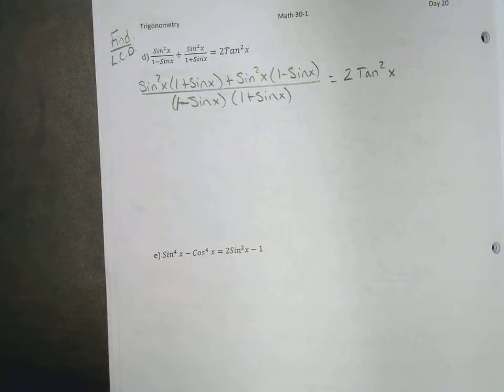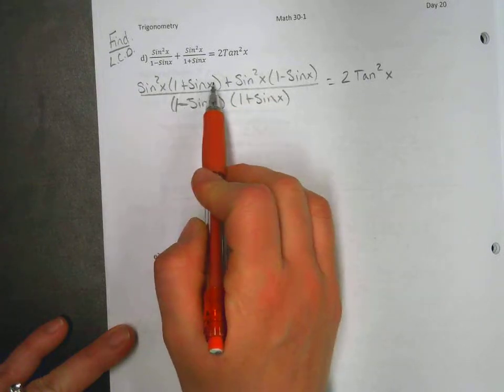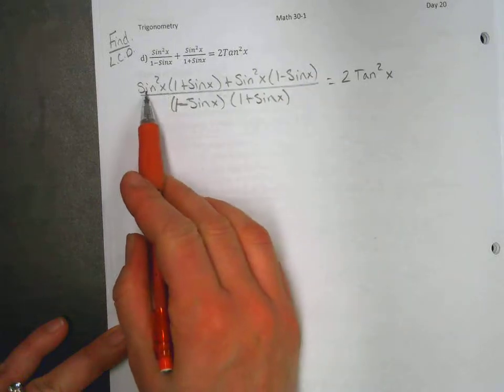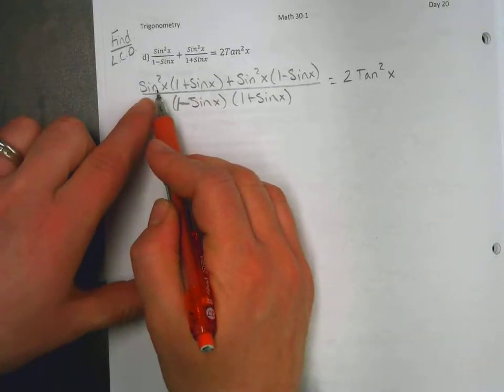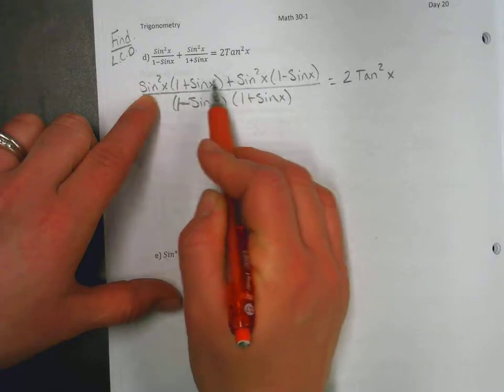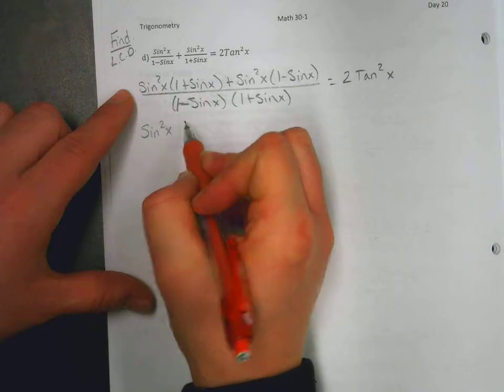From here, I know lots of us would want to run this through our set of brackets, which kind of makes sense, but instead of doing that, I somehow want to cancel things. So instead of expanding, I am going to factor. I'm going to factor out a common factor of sine squared x here.